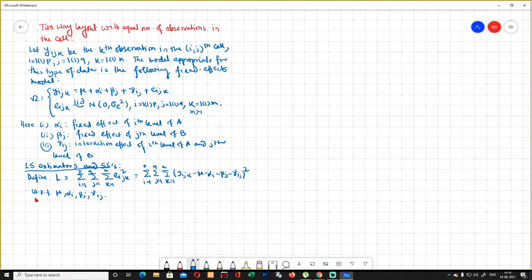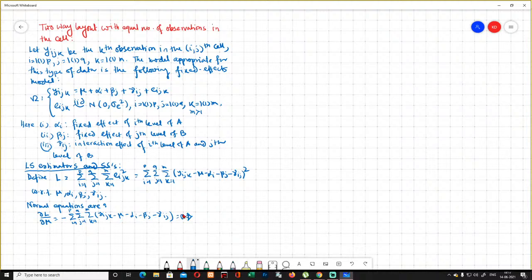Then the normal equations are: partial derivative with respect to mu of the sum of Yijk minus mu minus alpha i minus beta j minus gamma ij is equal to 0.